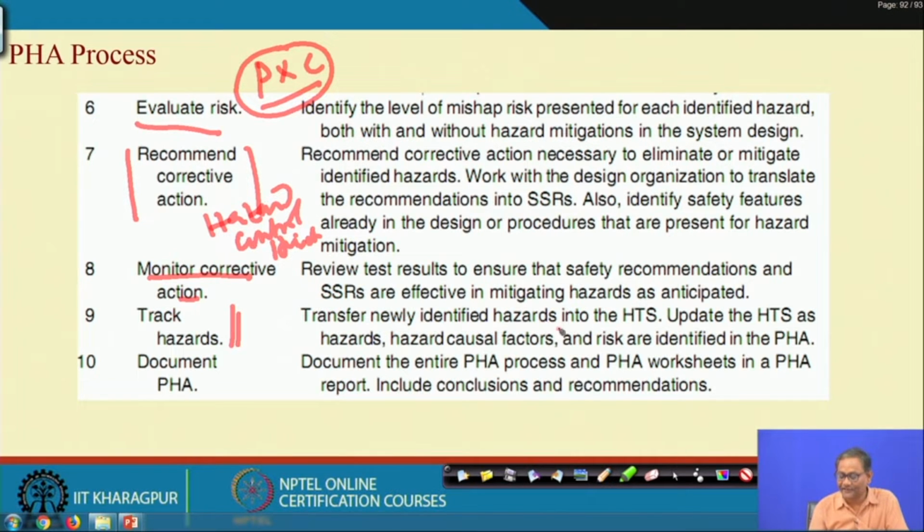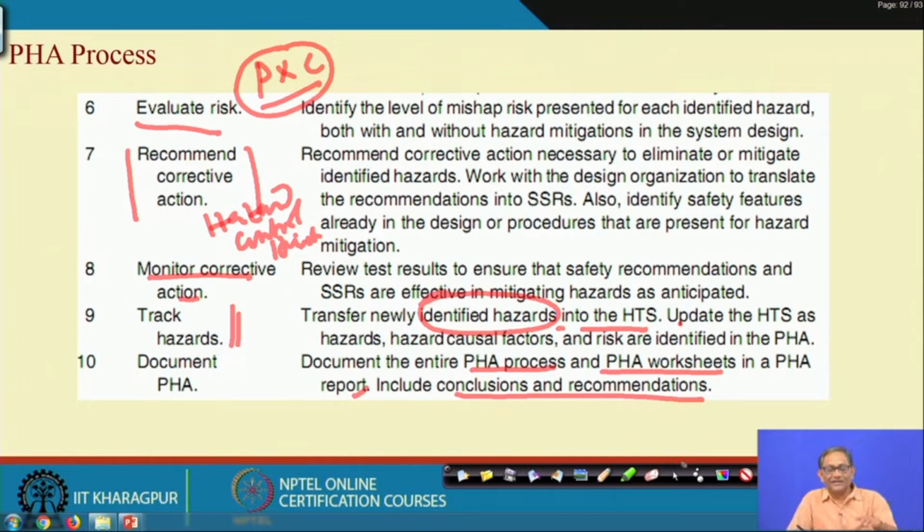Transfer newly identified hazards into the hazard list, update the hazard list. What I mean to say is that if you have any newly identified hazards, you just feed them into the list. Then document the entire PHA process and PHA worksheets in the PHA report, including conclusions and recommendations.